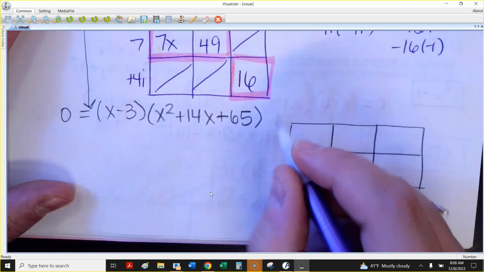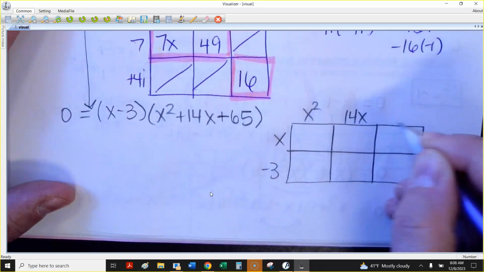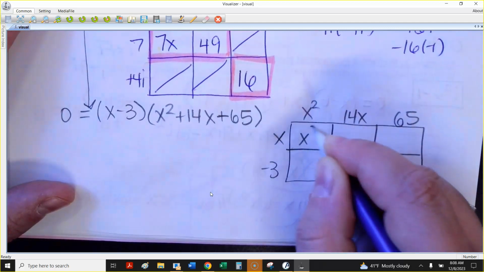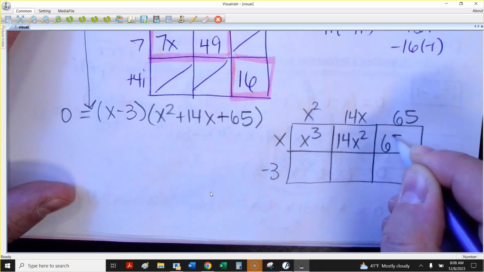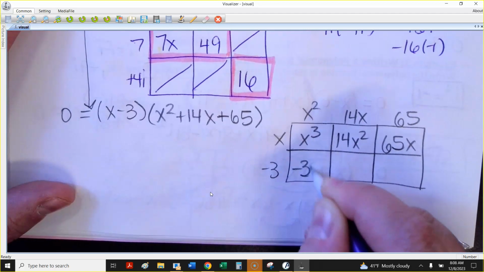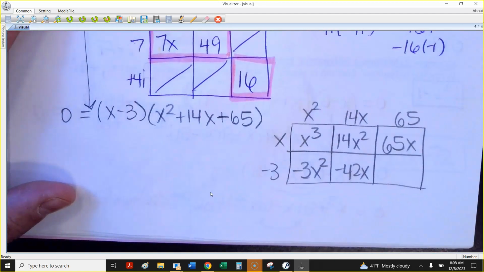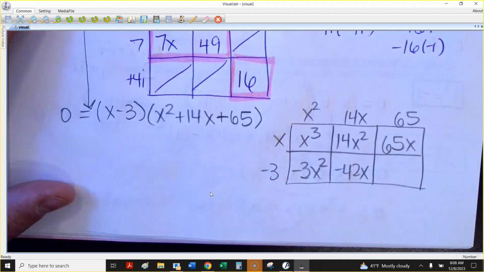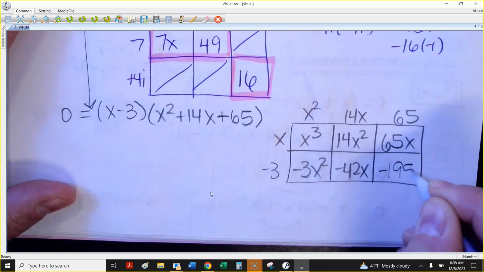So we have an x minus 3, x squared, 14x, and then 65. So we're going to get x cubed, 14x squared, 65x, negative 3x squared, negative 42x, and 65 times that negative 3 is going to give me negative 195.